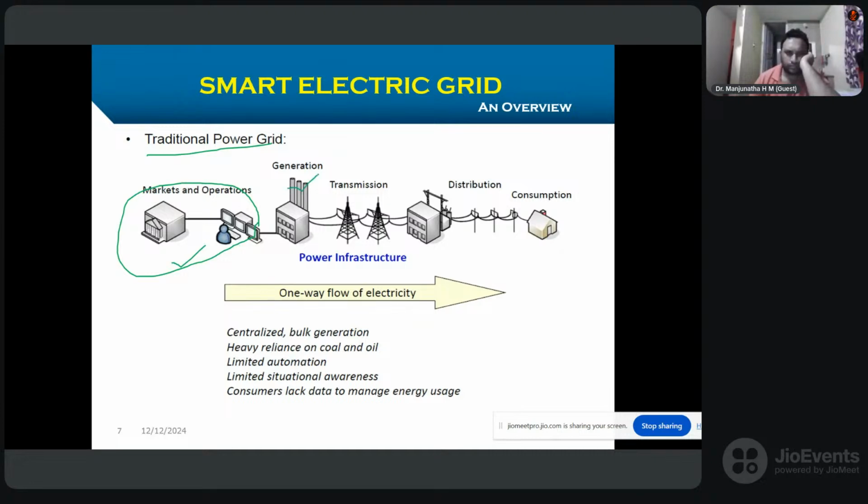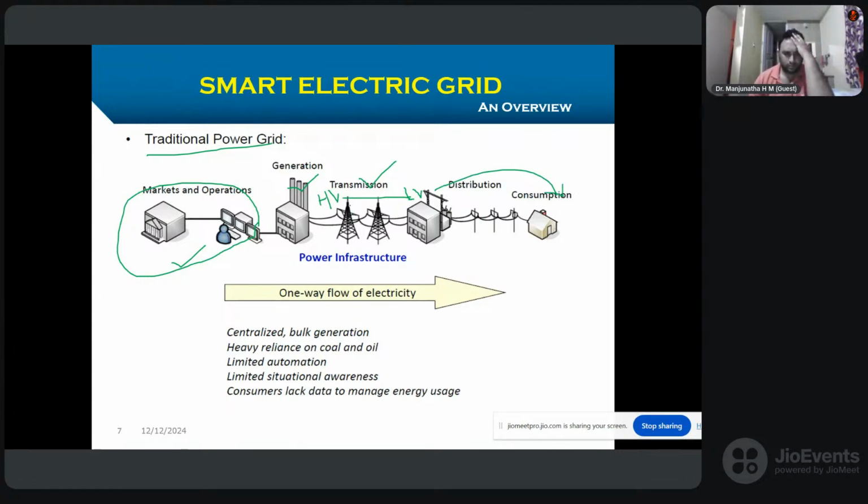Thereafter we have the generation units, then the transmission units. Here we step up the voltage to high voltage and then transmit it. Then we step down, and thereafter we distribute the generated electricity to different loads.